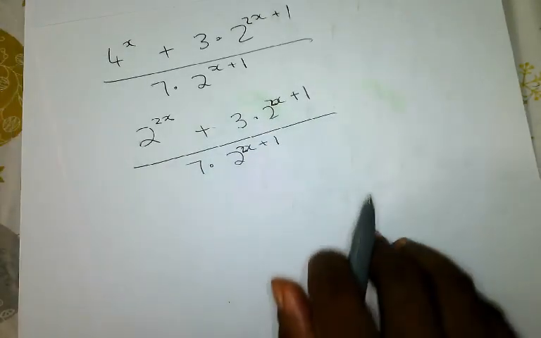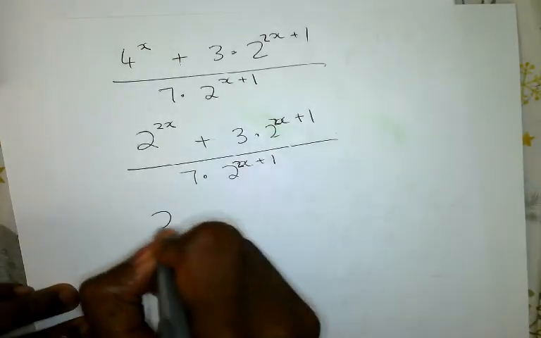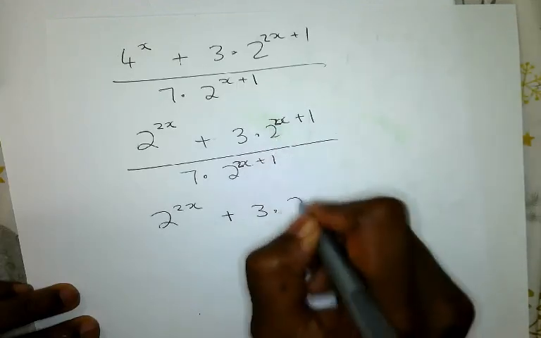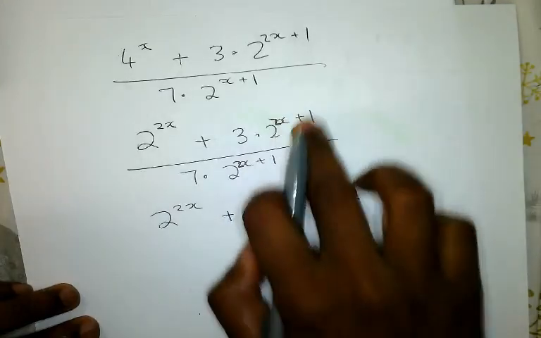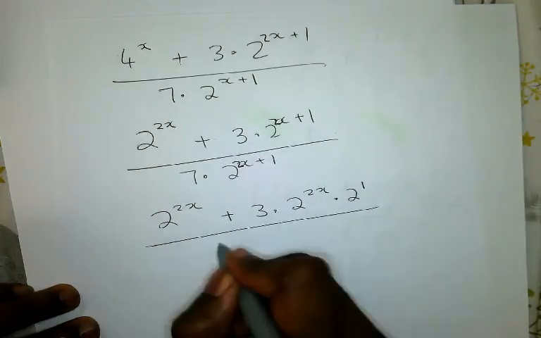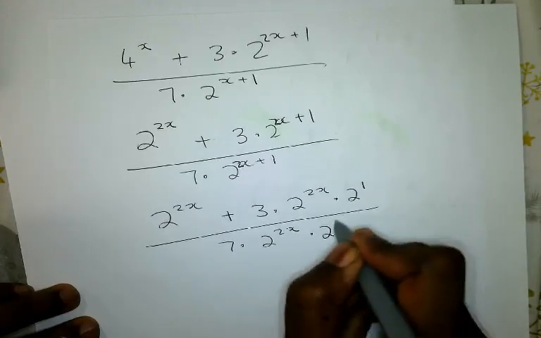Expand here. I'm going to expand this. Each will have a denominator like that, over 7, 2x and 1. I'm going to also expand that. Take out a common factor on top. 2x, 1 plus this, and that goes away.